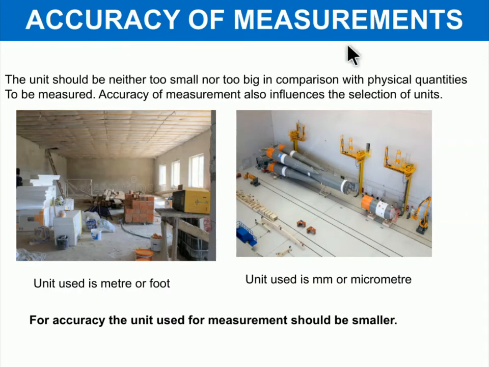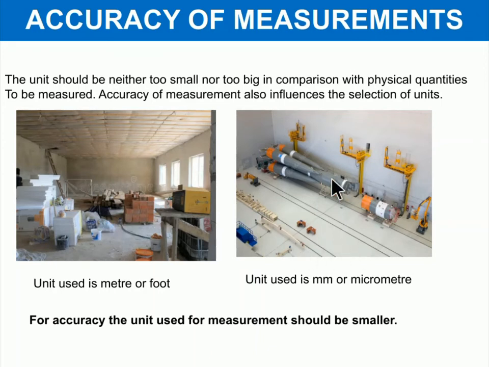Accuracy of measurements. The unit should be neither too small nor too big in comparison with physical quantities to be measured. Accuracy of measurement also influences the selection of units. For example, from first figure we can see that in construction of room, where accuracy is not a major criteria, meter or foot are used as units.